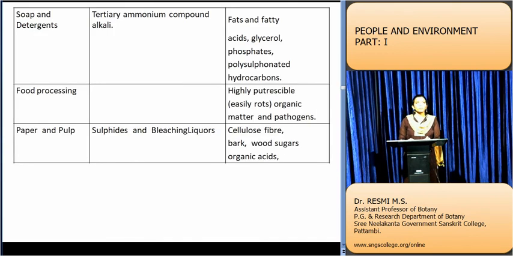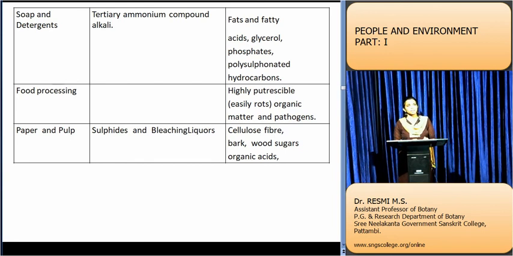Not only that, the soap and detergent industry can also add inorganic and organic pollutants. Inorganic pollutants such as tertiary ammonium compound go into water bodies, and in the organic category it can discharge fats and fatty acid, glycerol, phosphates, polysulfonated hydrocarbons, etc.